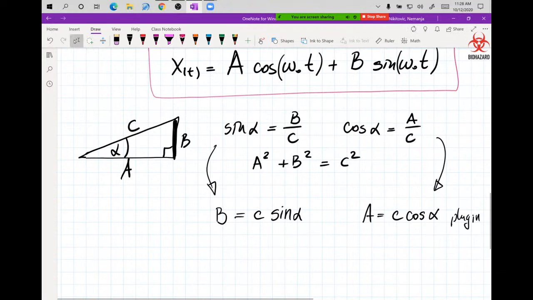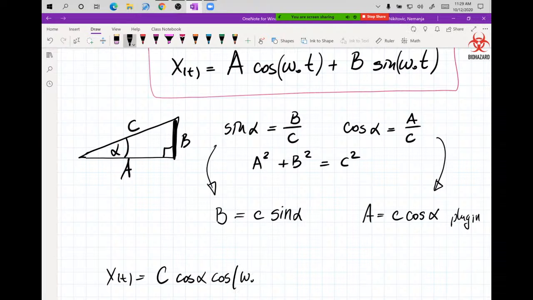If I plug them in, my x of t solution becomes, instead of A, I have C cosine alpha cosine omega 0 t, and then plus, instead of B, I have C sine alpha, and then the rest is sine omega 0 t.